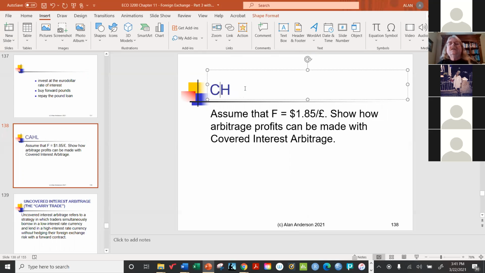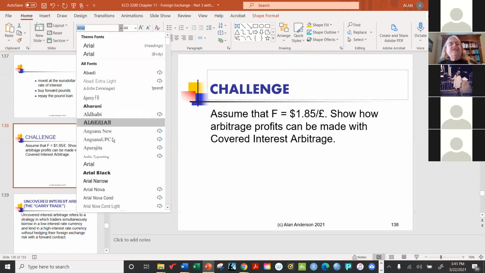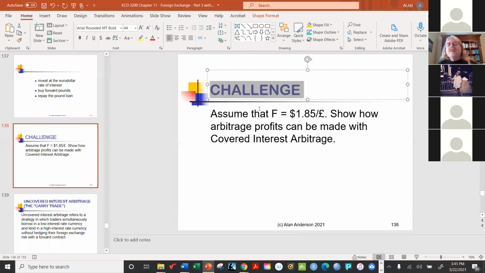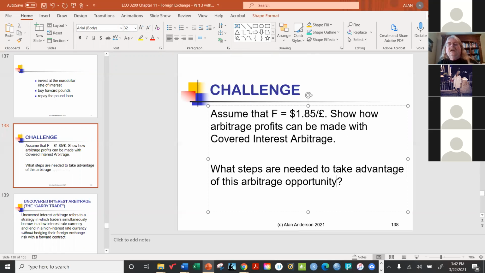What you're going to do is follow the same logic and figure out what profit we would make if F is equal to 1.85, but you also have to explain what steps are needed to take advantage of this arbitrage opportunity. Okay, so why don't you work on that?